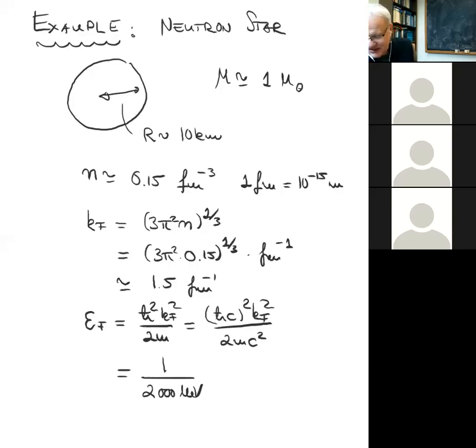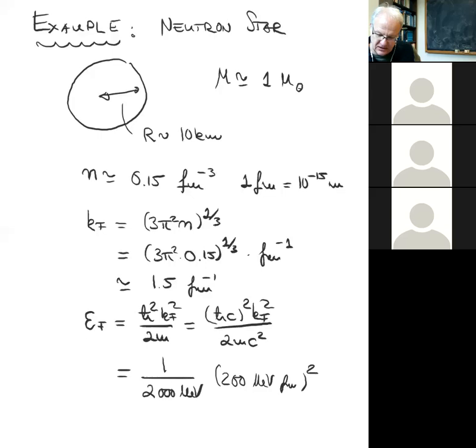And what is amusing is that in MeV Fermi, it's a very ordinary number. So h bar c is very close to 200 MeV Fermi. And you see that actually tabulated in a lot of books on atomic or particle physics, what h bar c is in, say, atomic units, which is kind of angstrom electron volt, or particle units, which is mega electron volt times Fermi. So it's 200 MeV Fermi, squared.